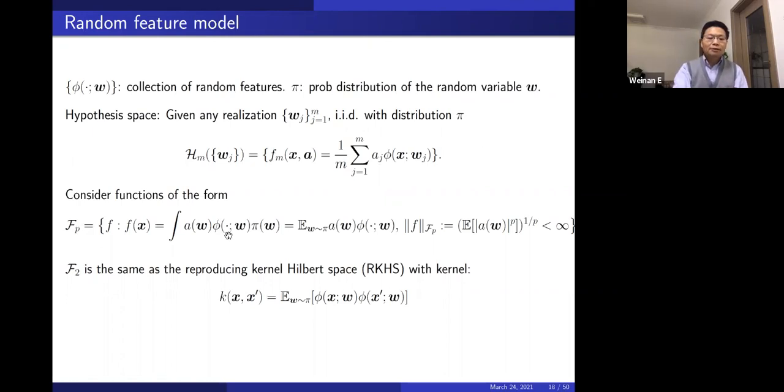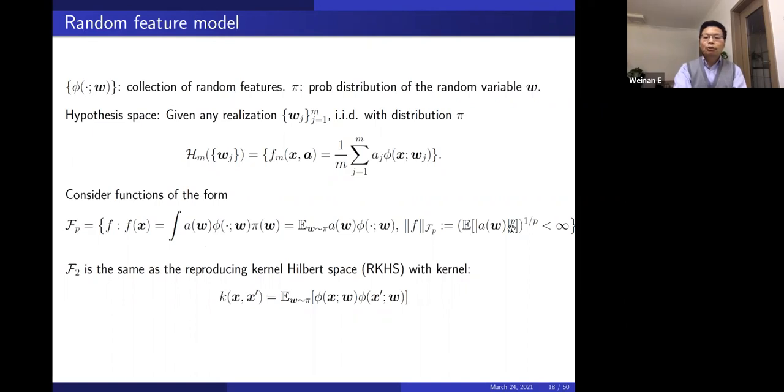And then we define this funny norm. The norm is defined as follows. Let's consider functions of this type, which are almost like a continuous analog of these. If a function admits this kind of representation, we can define its F_p norm by the p-th moments of the coefficient a.